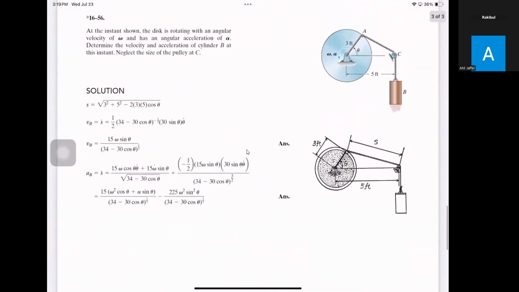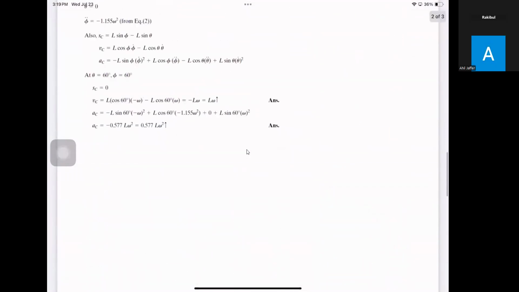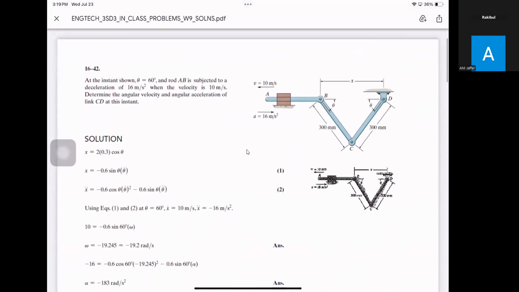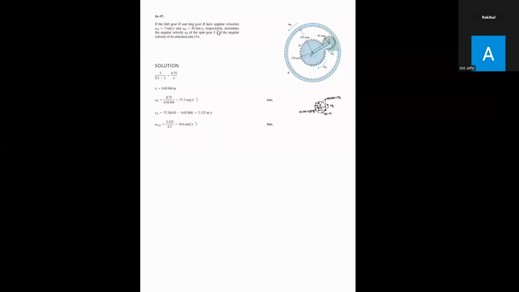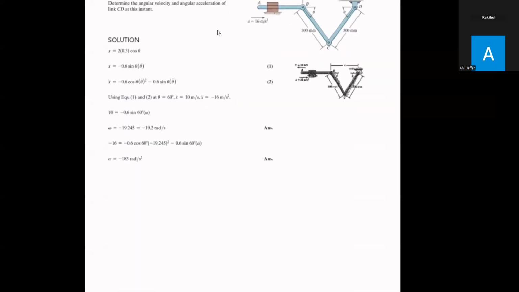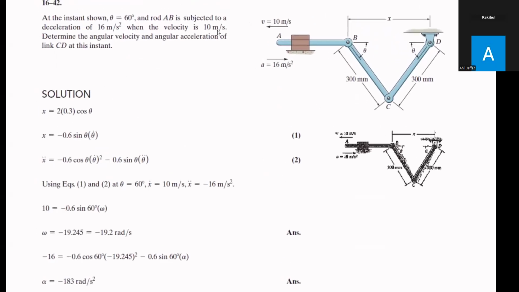Can you see my screen? I think it's this one. Week 9? Yes, in-class problems, week 9 solutions. Yes, it's this one.